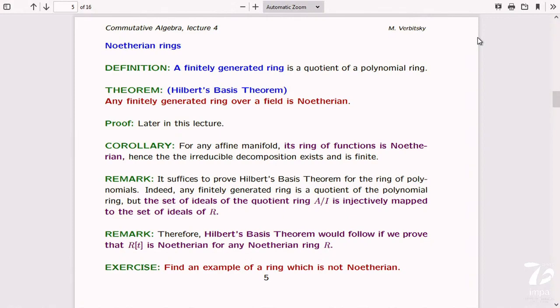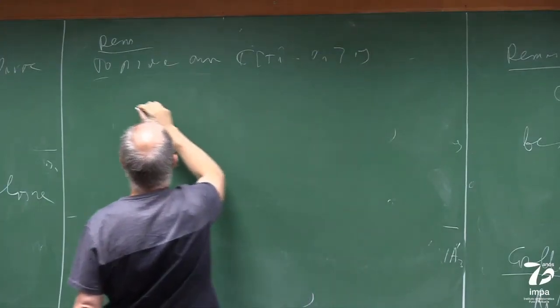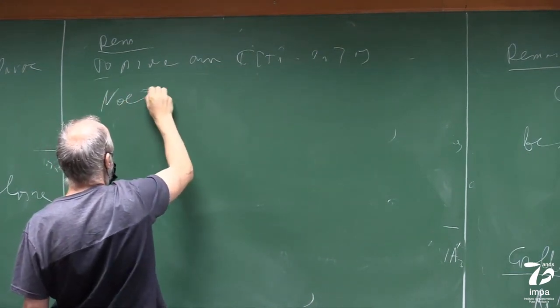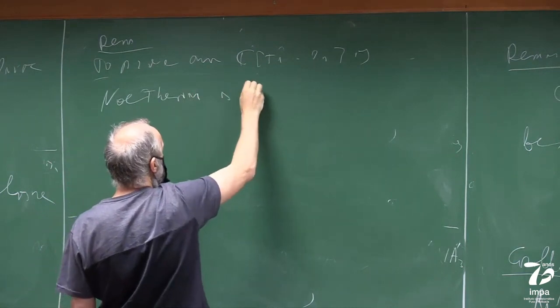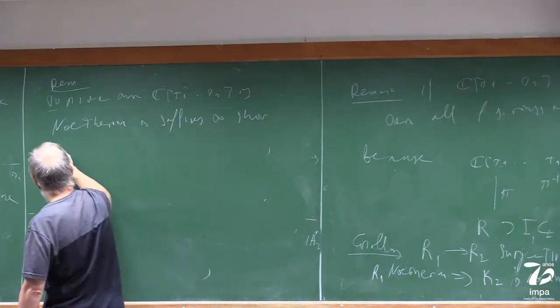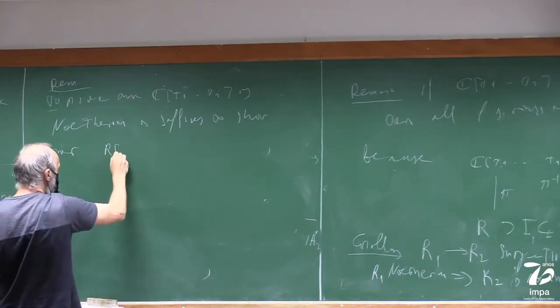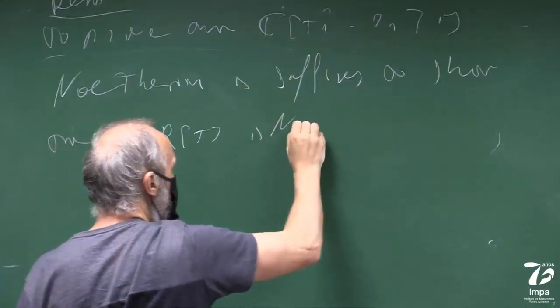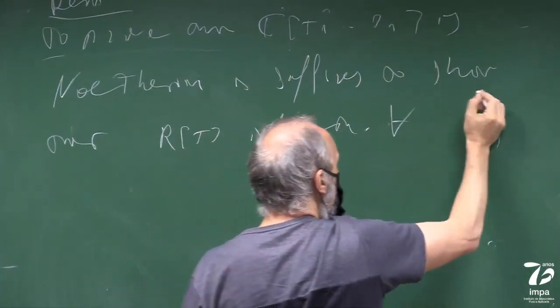And there's another trivial remark, to prove that a polynomial ring is Noetherian, it suffices to show that R of t, the polynomial ring in one variable, is Noetherian for all Noetherian rings R.